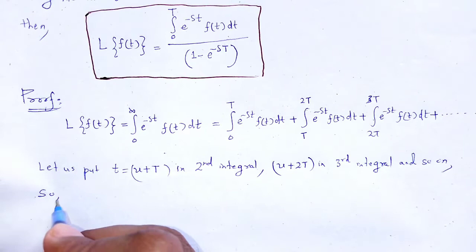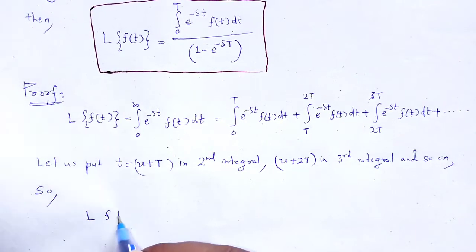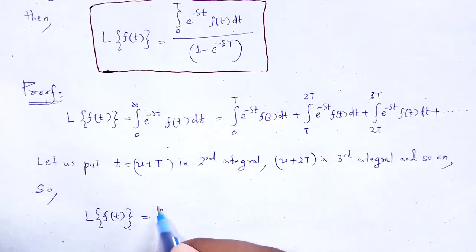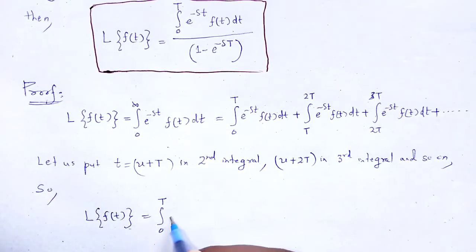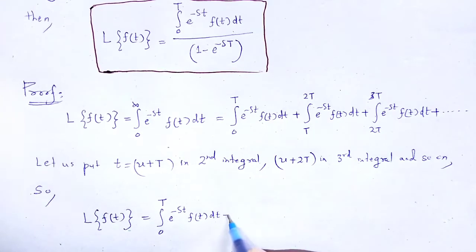So, the Laplace transform of the function f of t is written as integration from 0 to T e to the power minus st f of t dt.